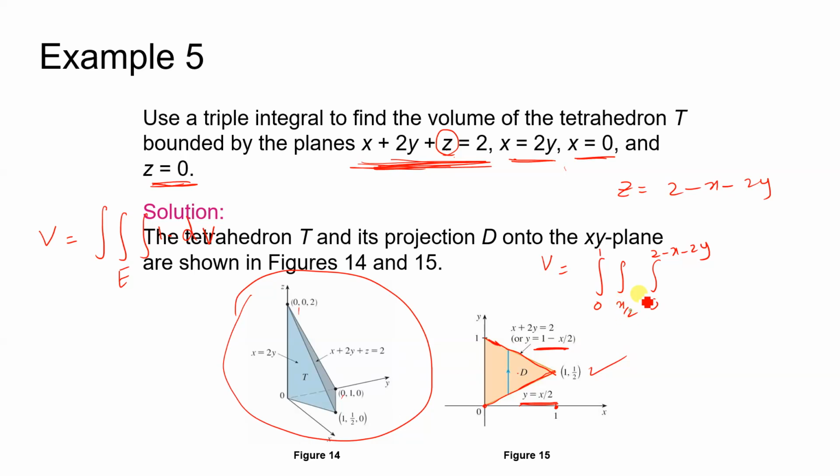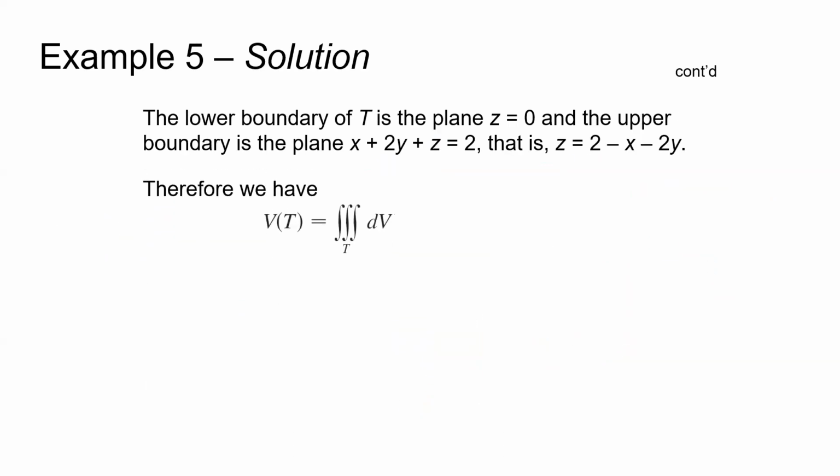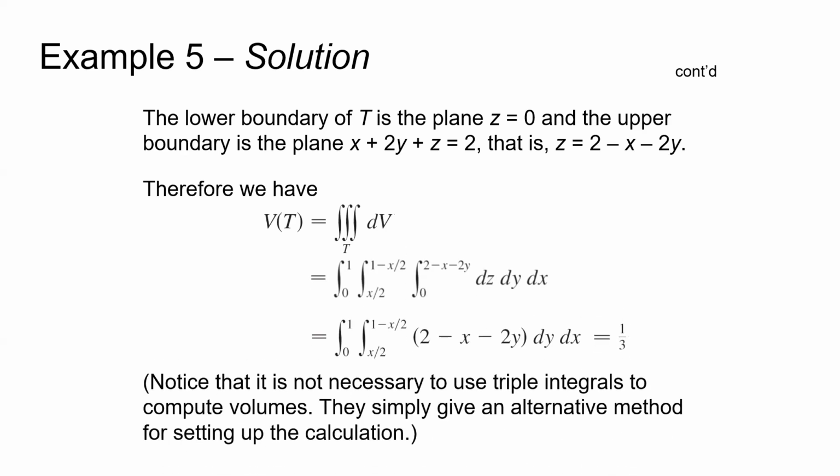So x over 2 to 1 minus x over 2, dv. After integrating, we have this answer, which is equal to 1 over 3.